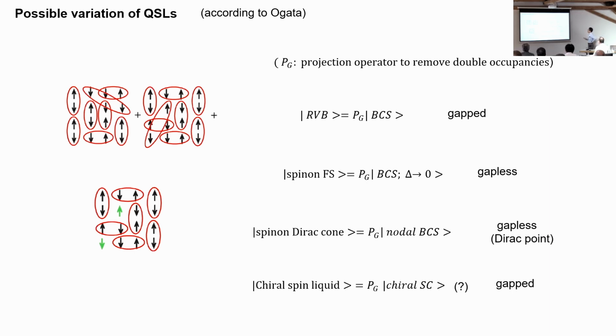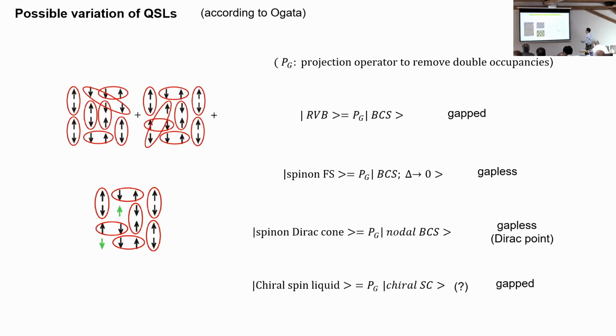This is the gapped RVB, the original RVB proposed by Anderson, or the gapless RVB with a spinon Fermi surface, or another kind of gapless RVB where the gap is nodal, a Dirac point, and the chiral spin liquid is also proposed. So the ground state and the magnetic excitation from the ground state are one clue to exploring the nature of the quantum spin liquid.